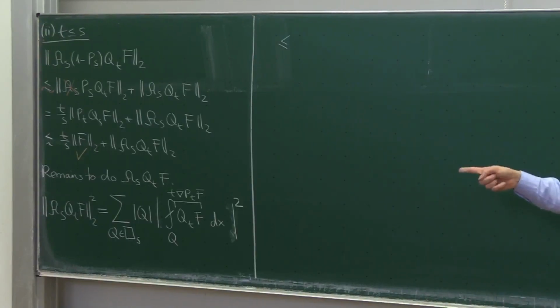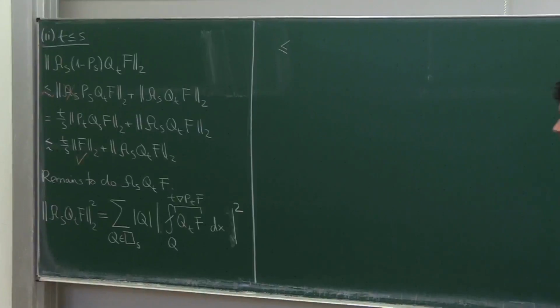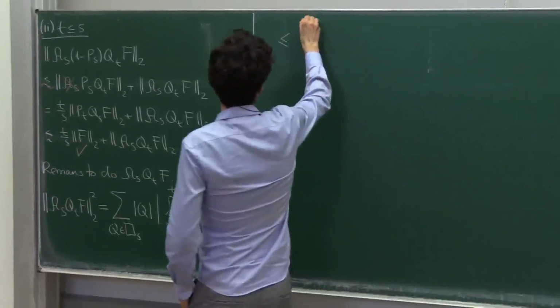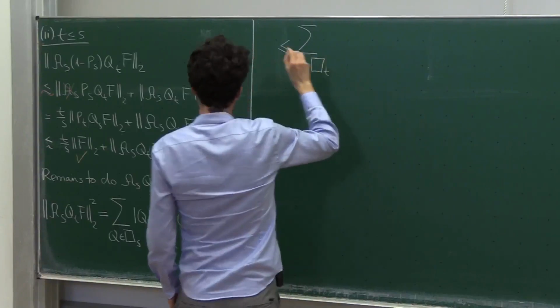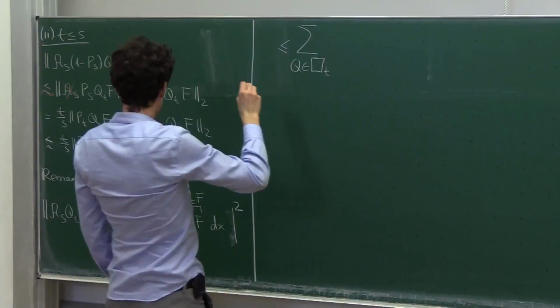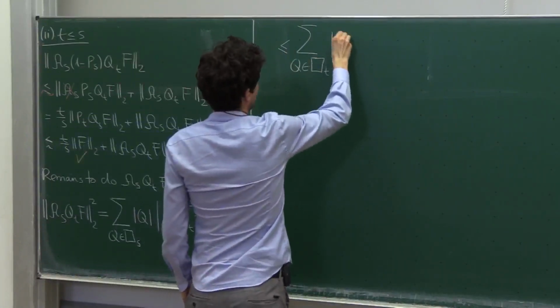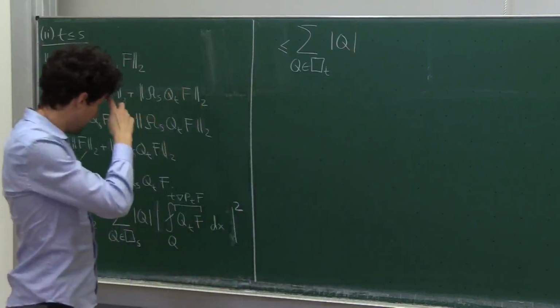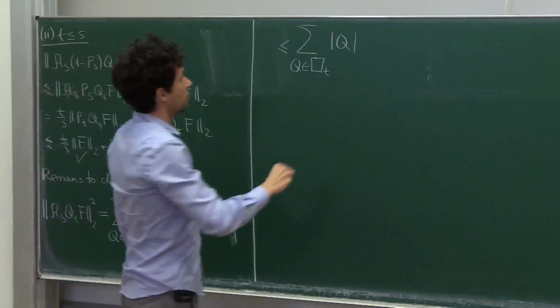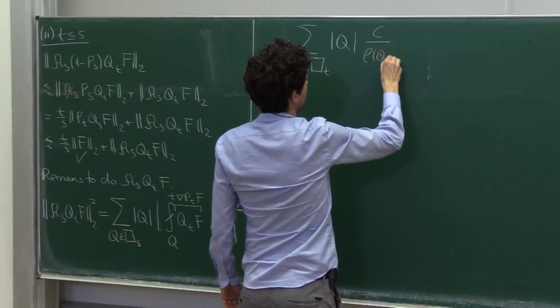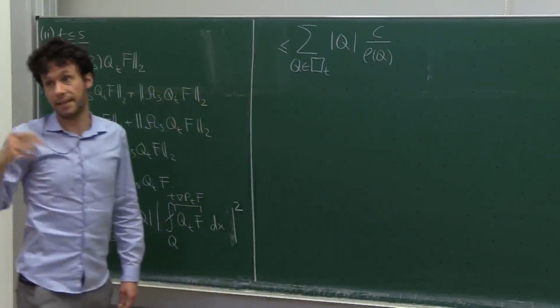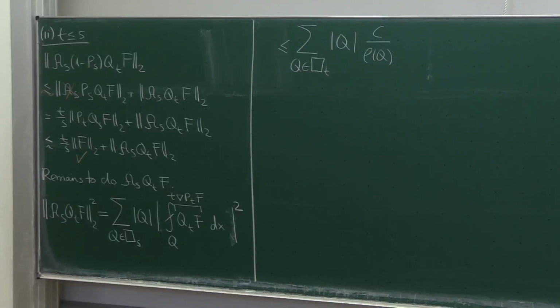Okay, so now let's apply the lemma in this situation. It gives me a sum over all these cubes, it gives me the measure of the cube that was just sitting there. Then this is average squared. So if we recall correctly the lemma, then it's a constant over the side length, and then I get the product of L2 averages of the function and its gradient.